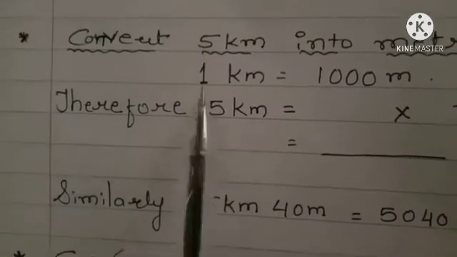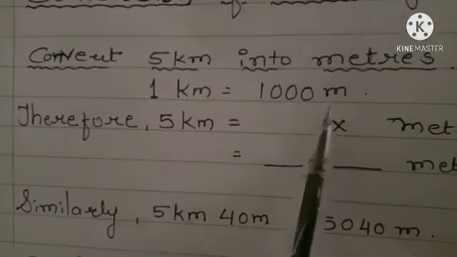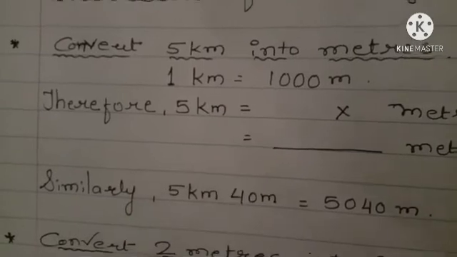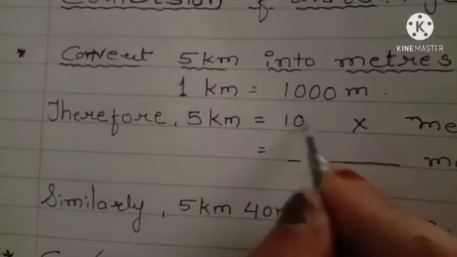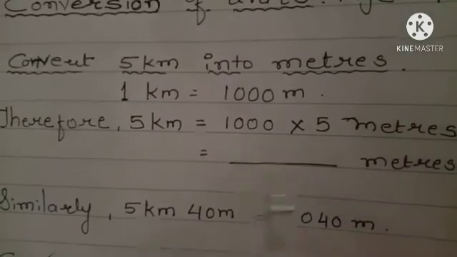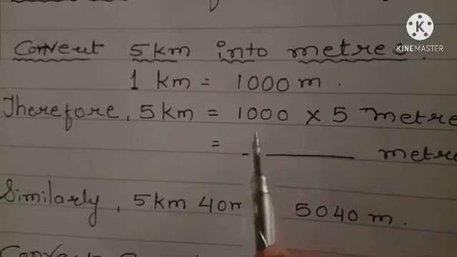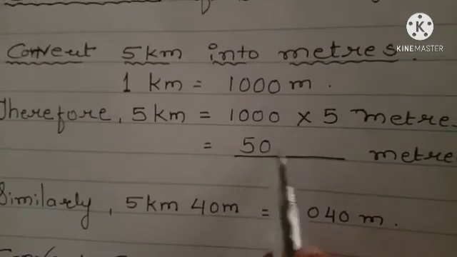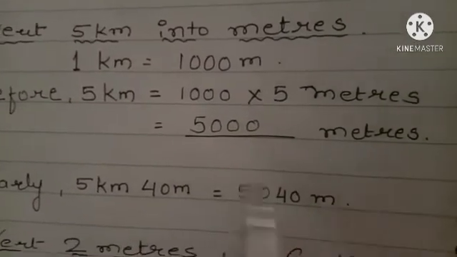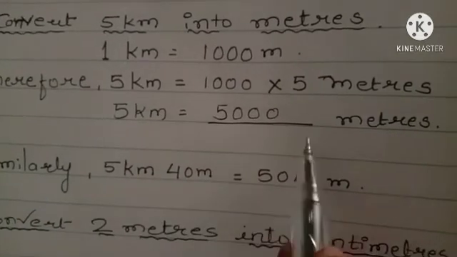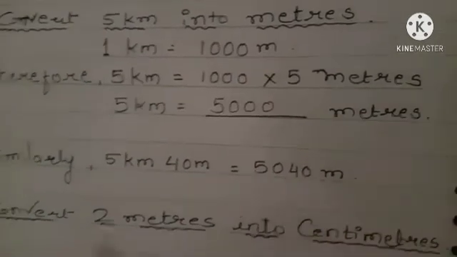So see here, 1 kilometer is equal to 1000 meter. Therefore 5 kilometers is equal to 1000 multiplied by 5. So it will be then converted into meters. So 1000 multiplied by 5, that is 5000 meters. So 5 kilometer is equal to 5000 meters.